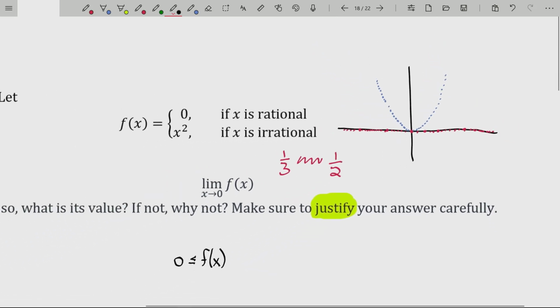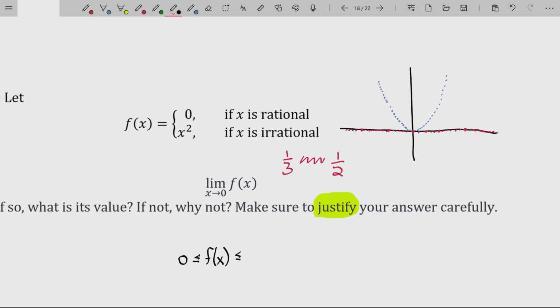It's definitely always greater than or equal to 0. And it's always less than or equal to what? Well, you can't say 1 because that's not true, because if you plugged in the square root of 7, that'd be 7 when you square it. However, if you just said it's less than or equal to x squared, you would be correct. Man, it's been a long day.